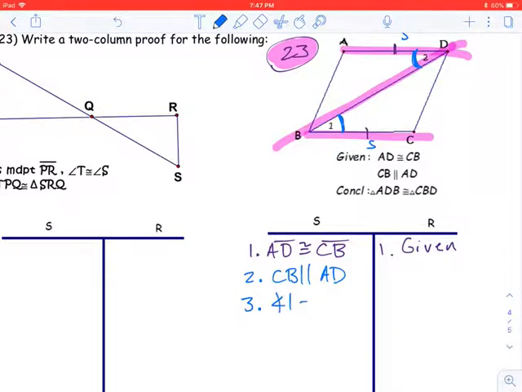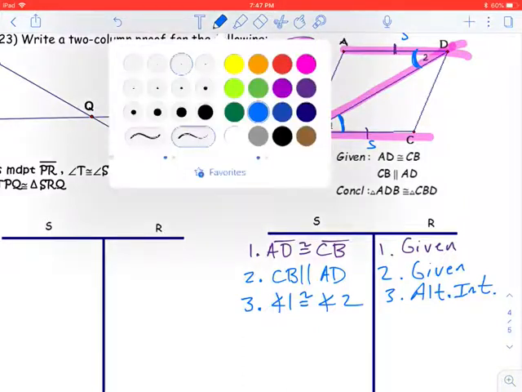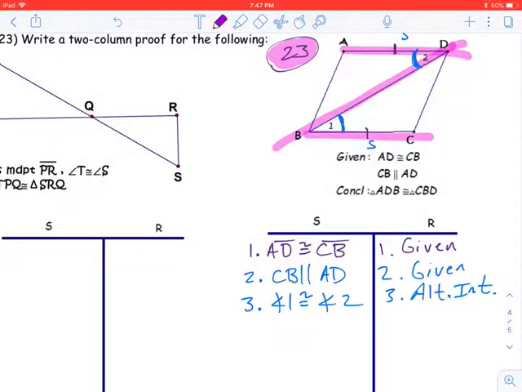This goes back to our parallel lines transversal unit, which says angle 1 is congruent to angle 2 because what kind of relationship are they? And hopefully you're saying it under your breath or saying it to the screen. That is alternate interior. We know they're congruent because if they're parallel, that makes the angles congruent. Okay?